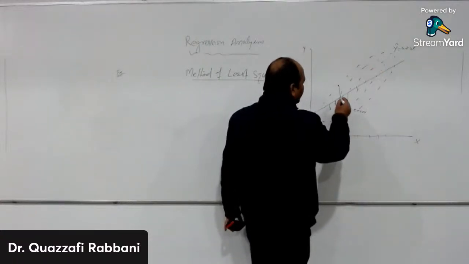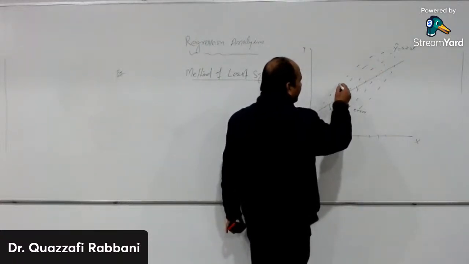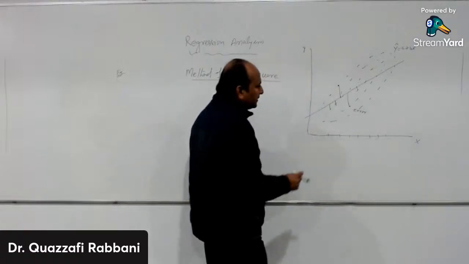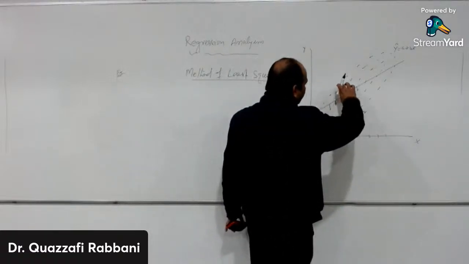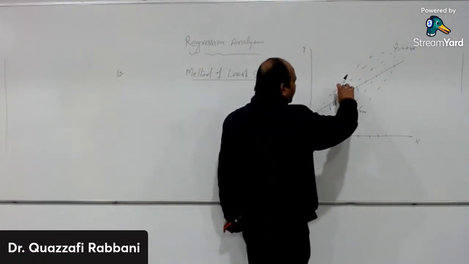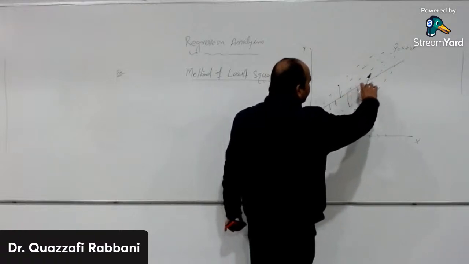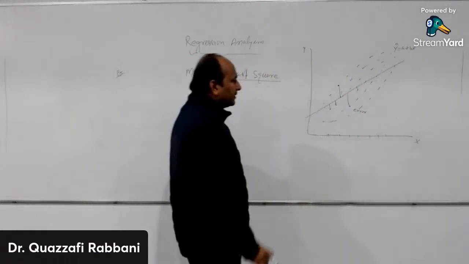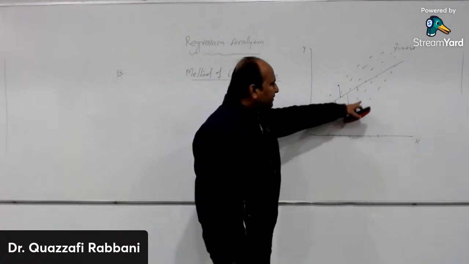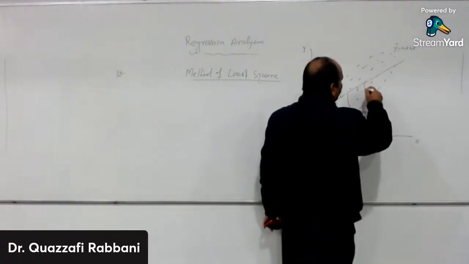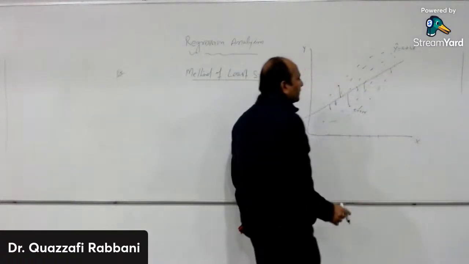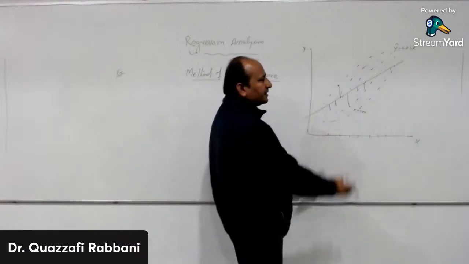So the difference from this estimated value to the actual value of y, this vertical difference, is nothing but the error. So in the method of least squares, we just minimize this error.